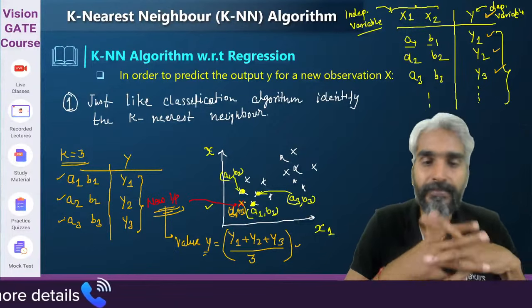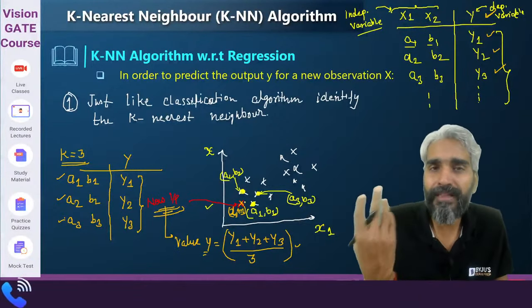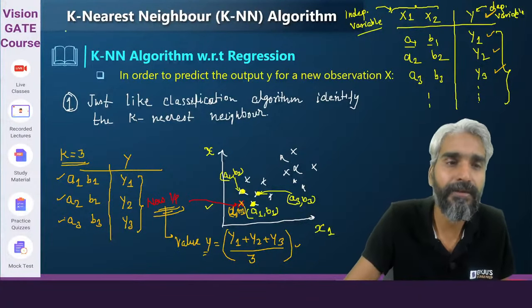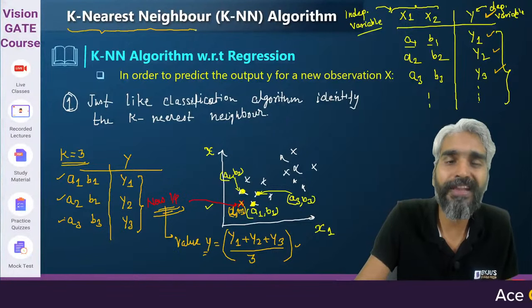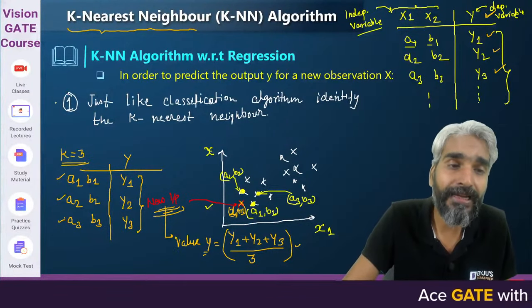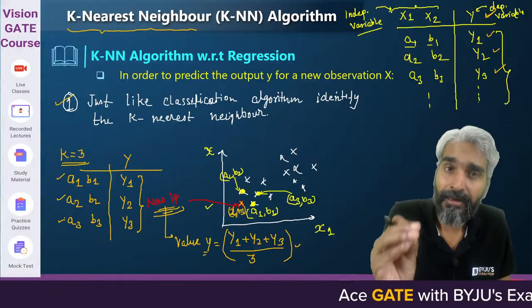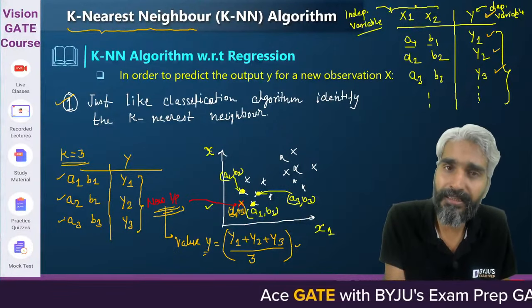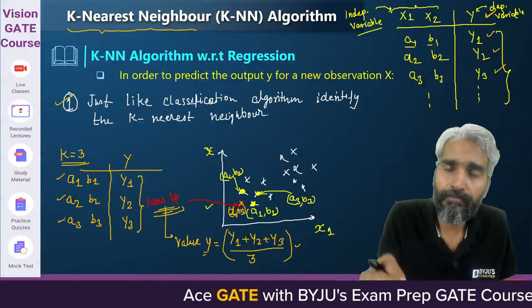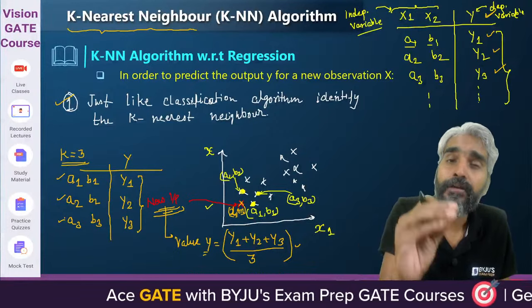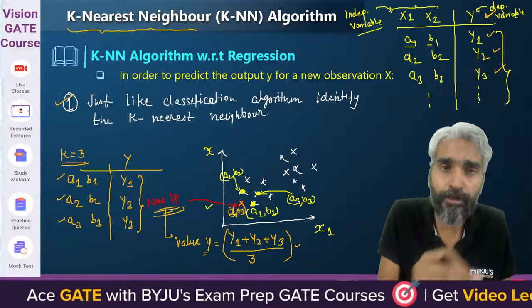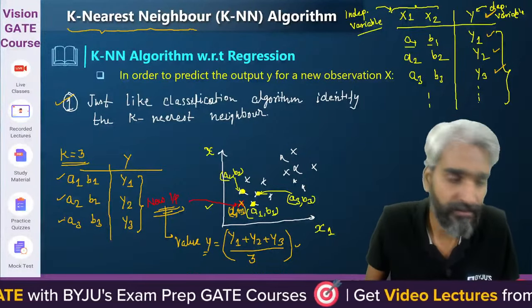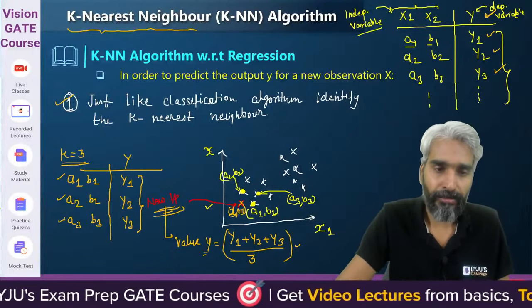Clear? Clear how we can perform regression using the k nearest neighbor? So there will be one extra step: after identifying the k nearest neighbors, you will have to obtain the mean of the dependent value corresponding to those k nearest neighbors. Logic is clear, I believe.